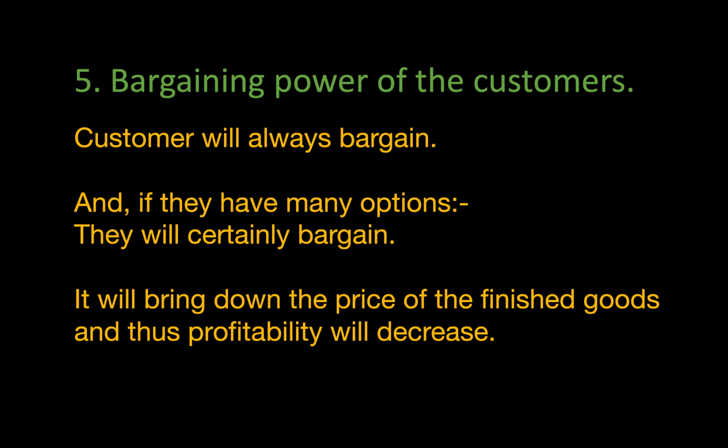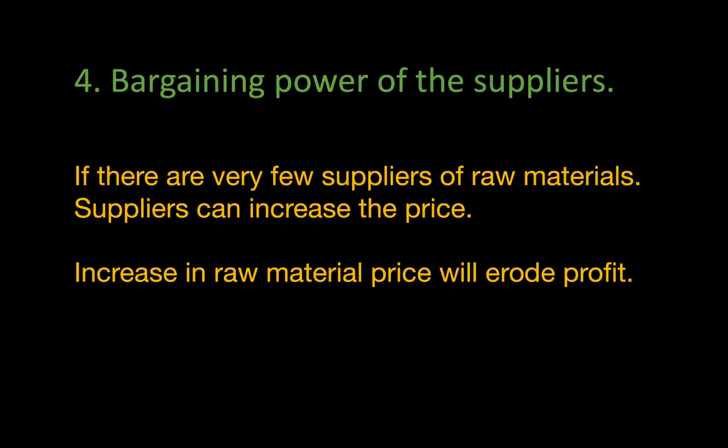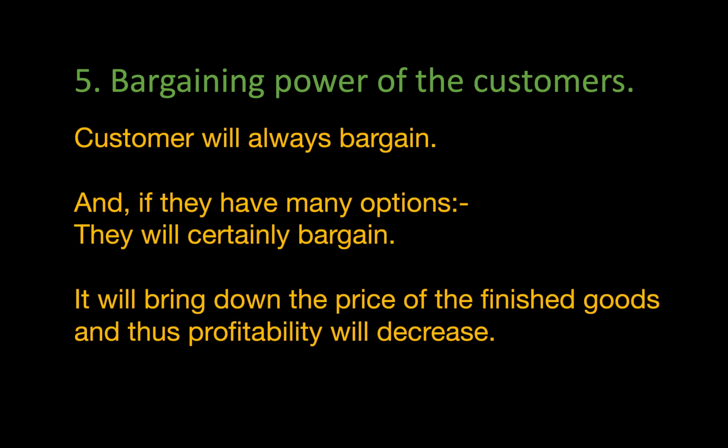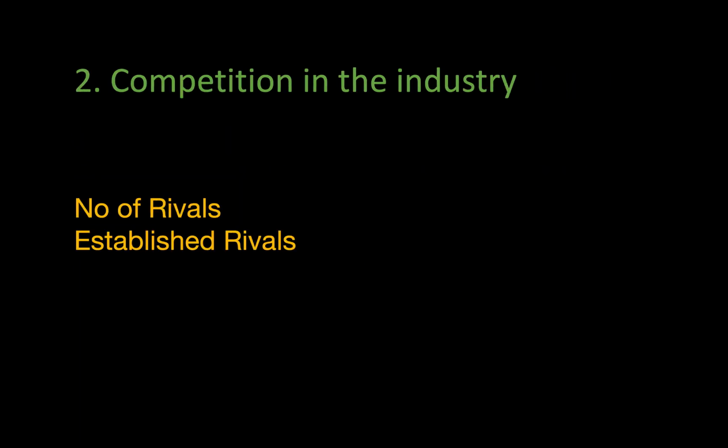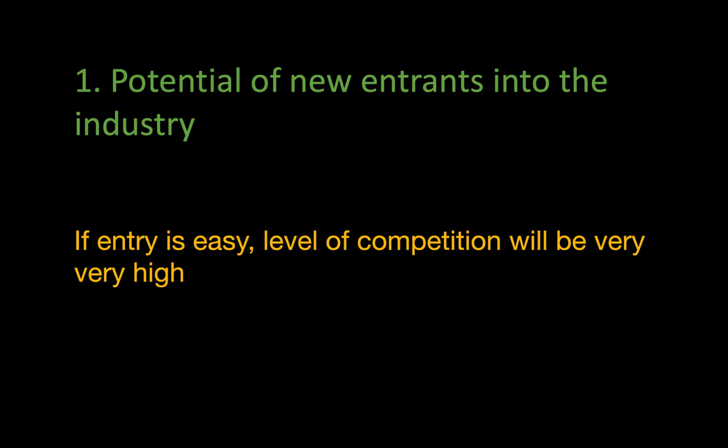Now you will say, how outside of the industry? If you see the last two, the bargaining power of supplier and bargaining power of customer, they are not part of your industry, they are outside the industry, but still impacting the profitability of the company, right? So that has to be taken care of. And the other 3 are coming from within the industry, right?